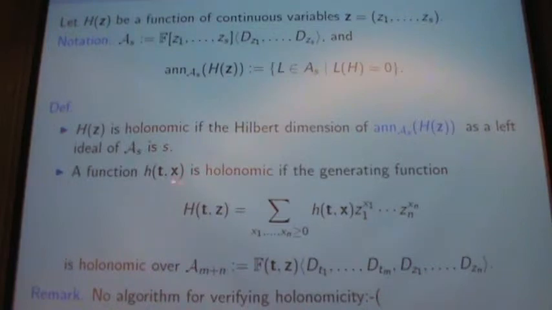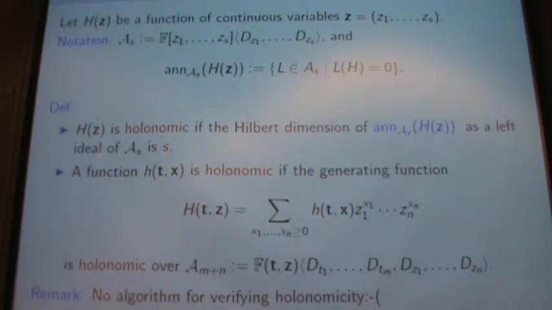Now let's give a definition of holonomicity of functions of several continuous variables and several discrete variables. The ingredient is to take the generating function of this function, introducing several continuous variables z1 to zn. Now you get a function of purely continuous variables. Then you can apply this definition: it is holonomic if and only if it is holonomic over this Weyl algebra, now with m plus n operators.